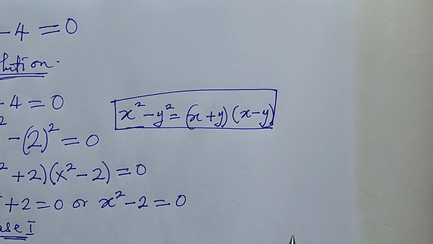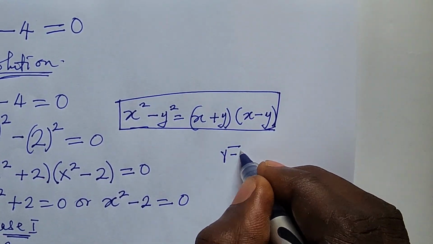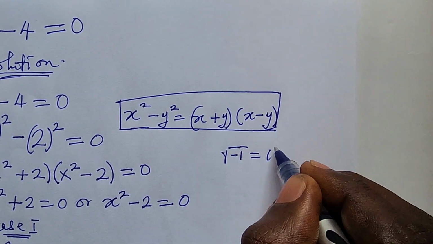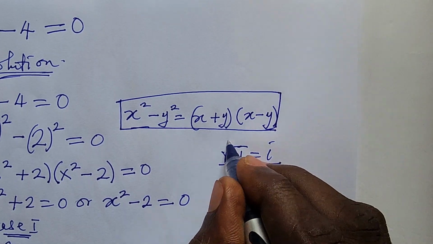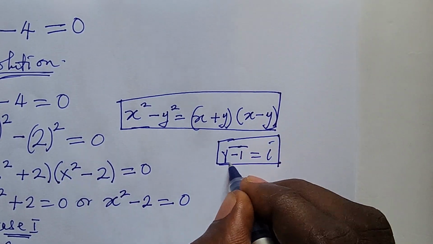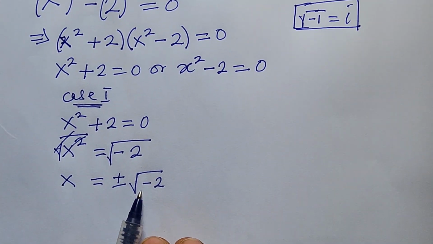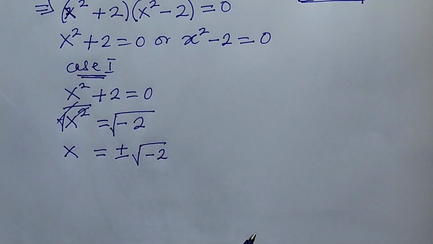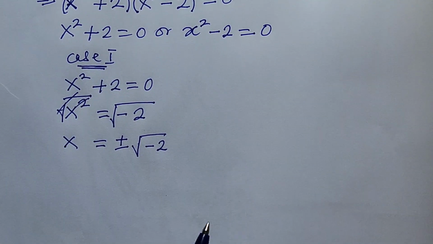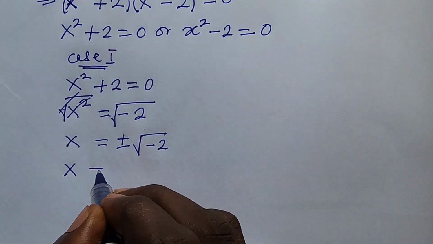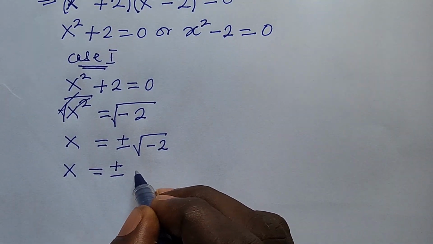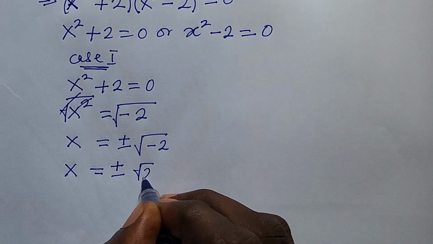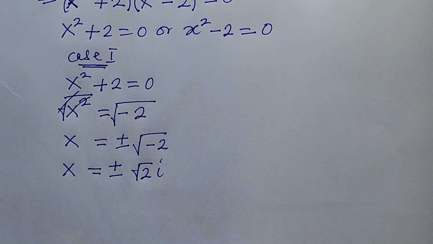Again, remember that the square root of minus 1 is equal to iota. Remember this? Okay. So we can bring out minus 1 from here. So we can rewrite this as x will now be equal to plus minus the square root of 2 iota.